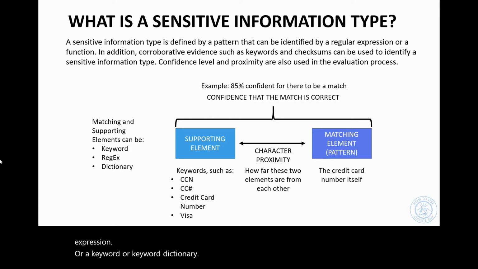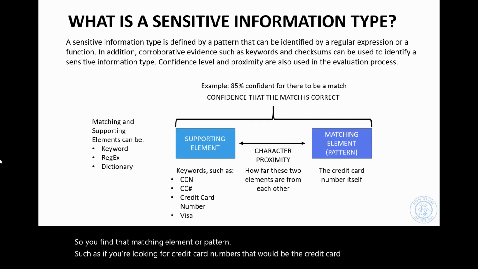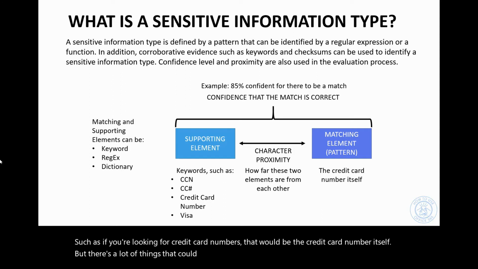So you find that matching element or pattern, such as if you're looking for credit card numbers, that would be the credit card number itself. But there's a lot of things that could look like credit card numbers that aren't really credit card numbers.